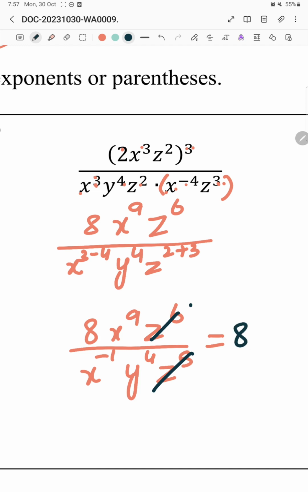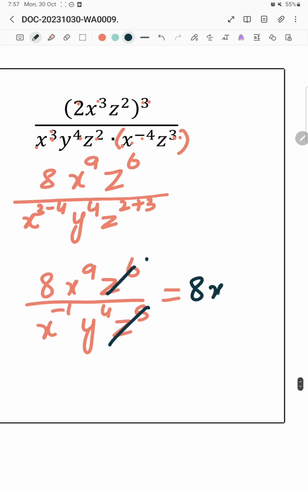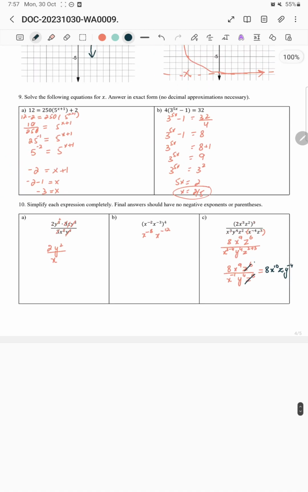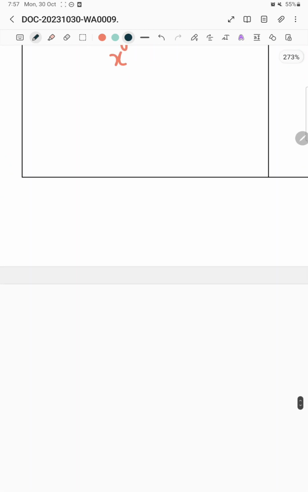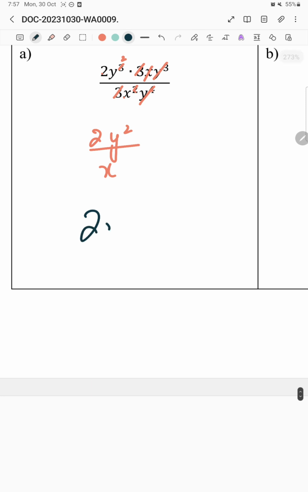So 8 x to the power 9 plus 1, x to the power 10, and z y to the power minus 4. Or we can also write this one as.